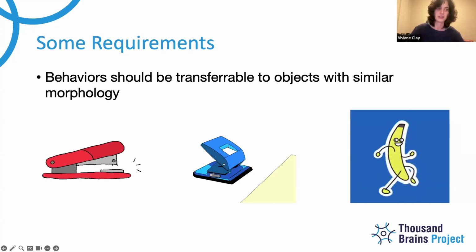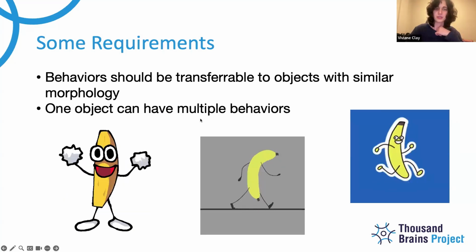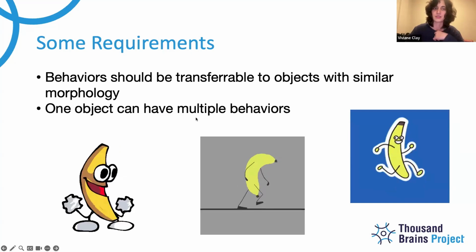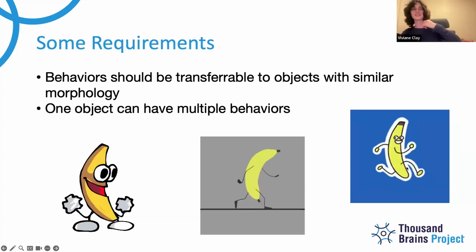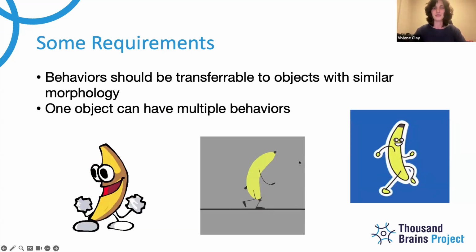So that's the one: behavior should be transferable to objects. And then also one object can have multiple behaviors, like a human or a banana can be dancing and walking and running. It's always a banana, but it has all these different behaviors.